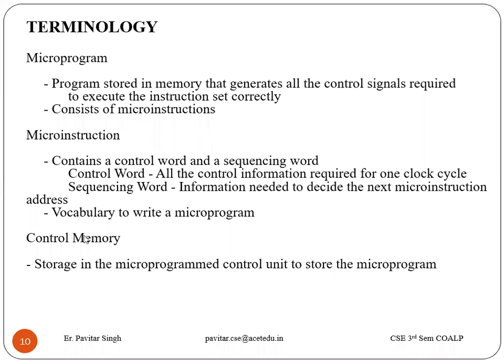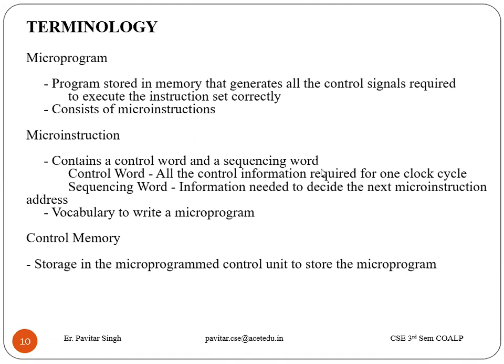Next we have control memory. So it is a storage in the microprogrammed control unit to store the micro program, right? So control memory is that thing which is used as a storage in microprogrammed CU to store the micro programs, right?